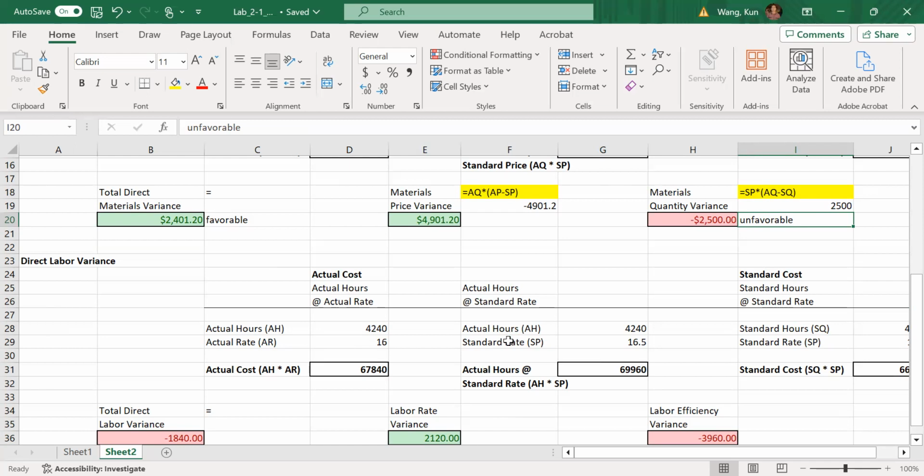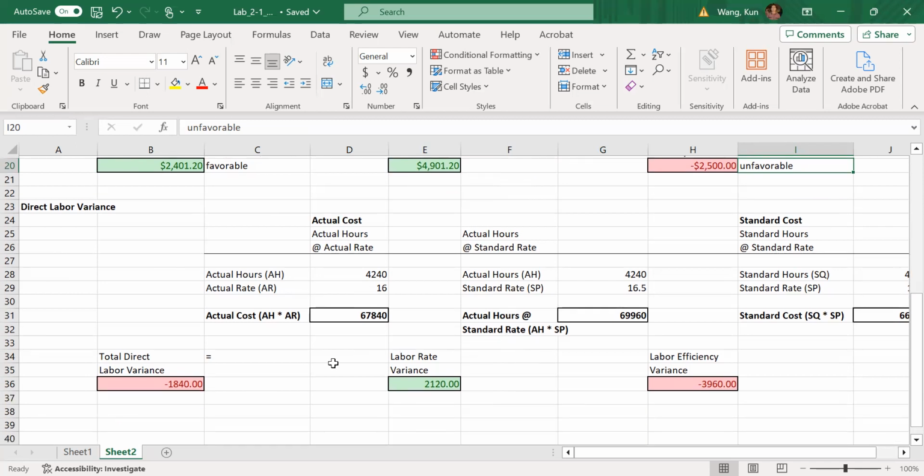Then we can identify the total labor variance and the labor rate. Just as a reminder, labor rate is your price variance, and efficiency variance is the quantity variance. So we have price favorable, but quantity unfavorable.